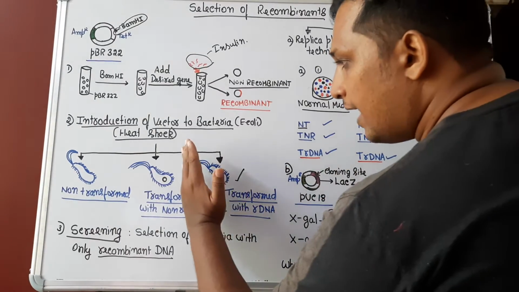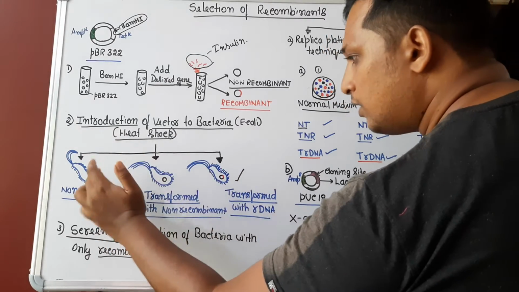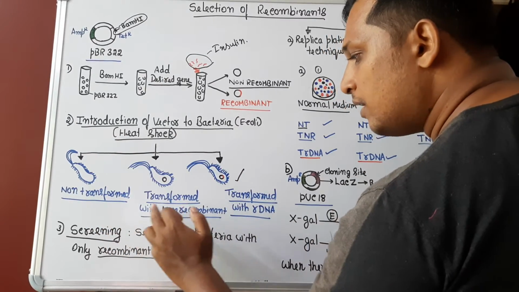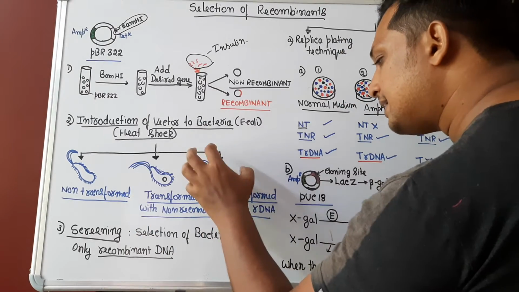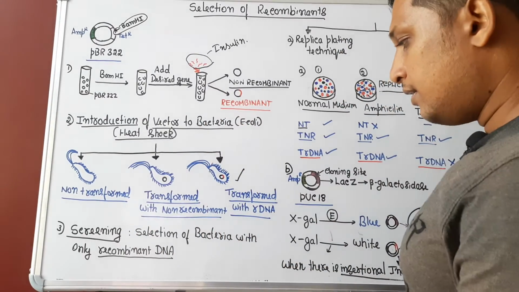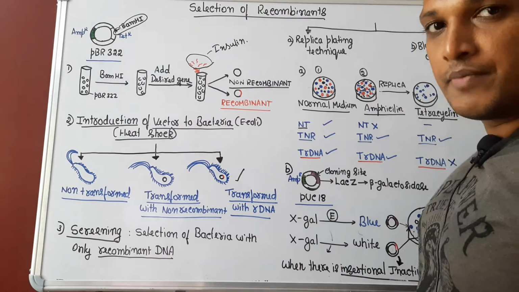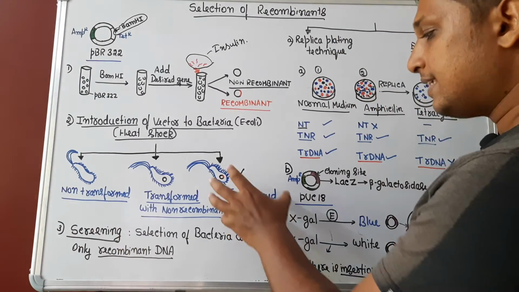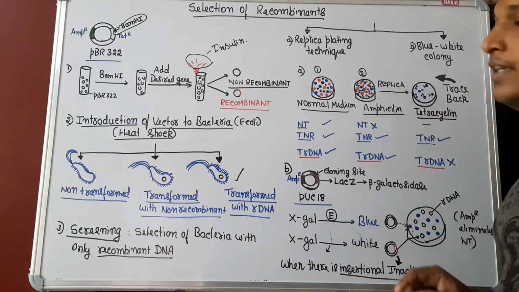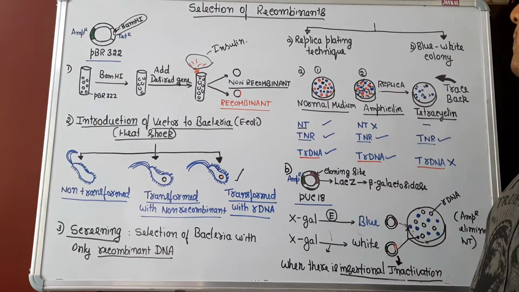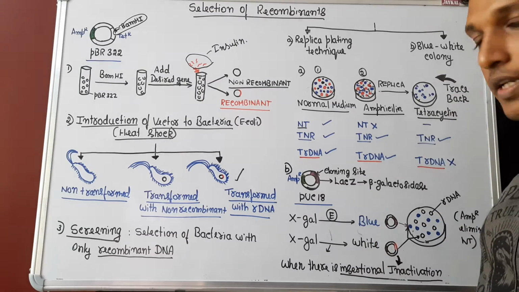Hence, we have to eliminate non-transformed cells and transformed cells with non-recombinant DNA, and select only transformed cells with recombinant DNA. That is known as screening, selecting only the required cell. Screening is done in two ways: replica plating technique and blue-white colony.